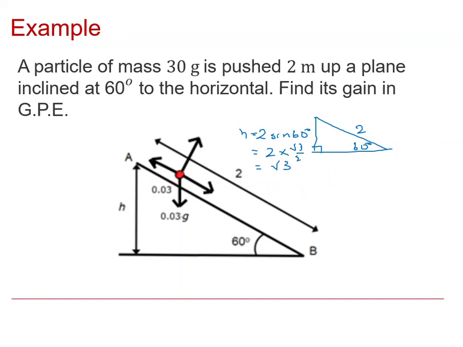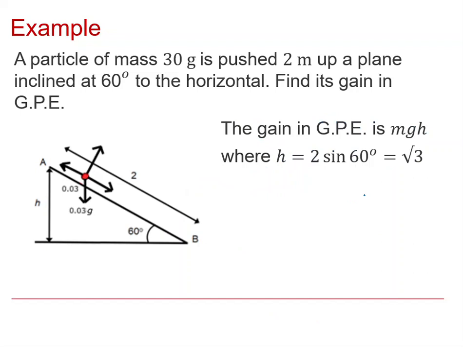That calculation is summarized on the next slide. So here we have the root 3, which gives us the height. Now from this we can say that the gravitational PE gain, so that's a gain, is going to equal the mass 0.03 times gravity, which we normally take as 9.8, times the height, which is root 3.